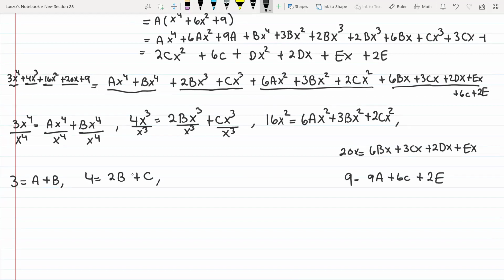And then over here, you can get rid of the x squares by dividing everything by x squared, right? And then over here, you could divide each term by x.